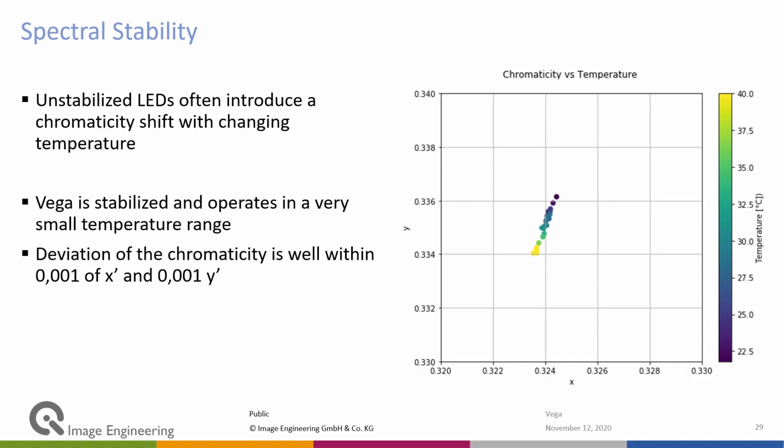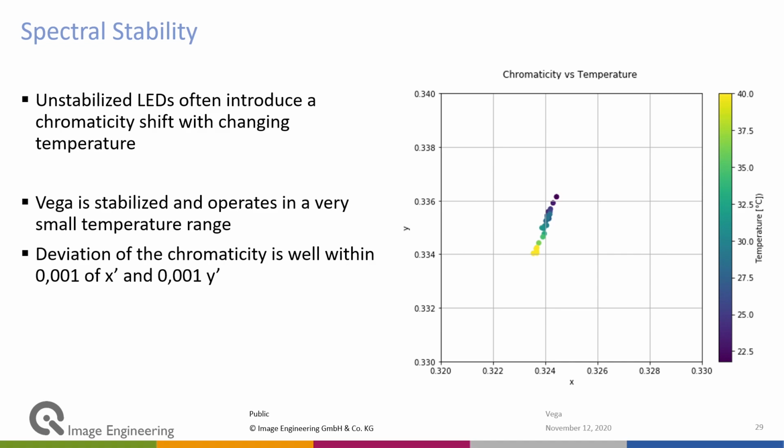Talking about the spectral stability, usually used LEDs are unstabilized. Let me start with this slide again. So usually LEDs show a chromatic shift with changing temperature.